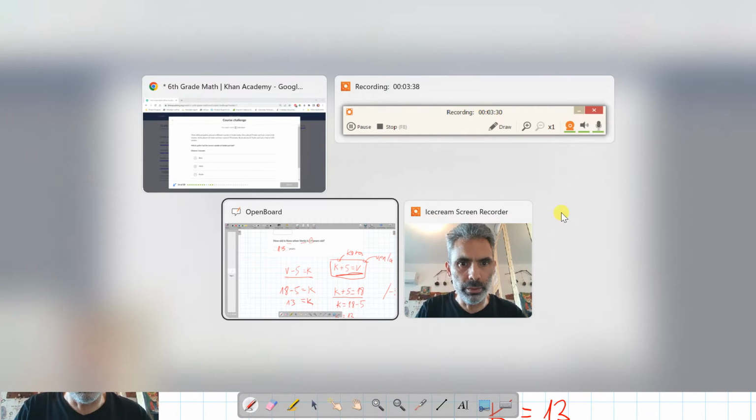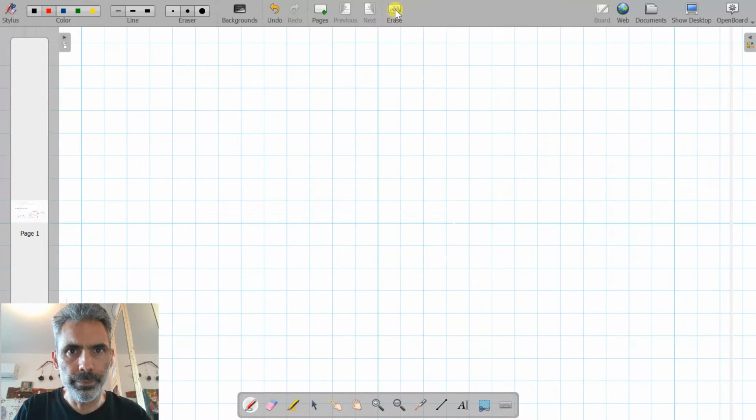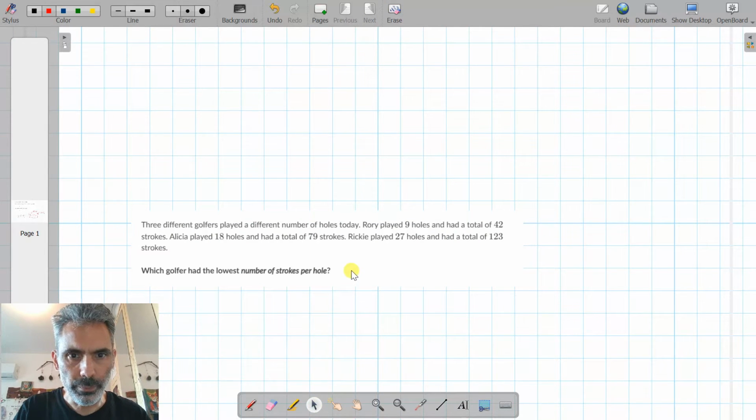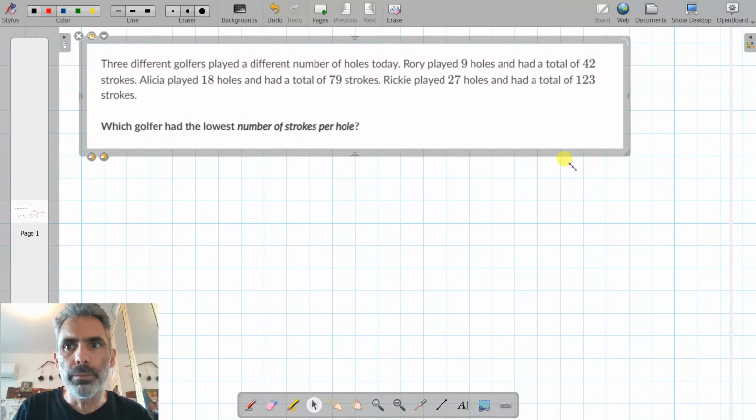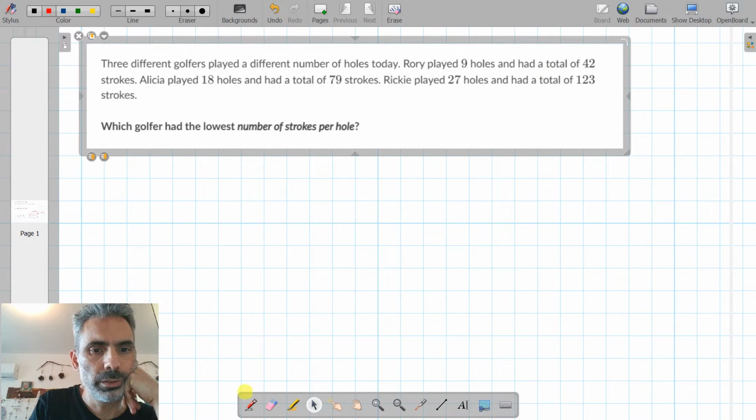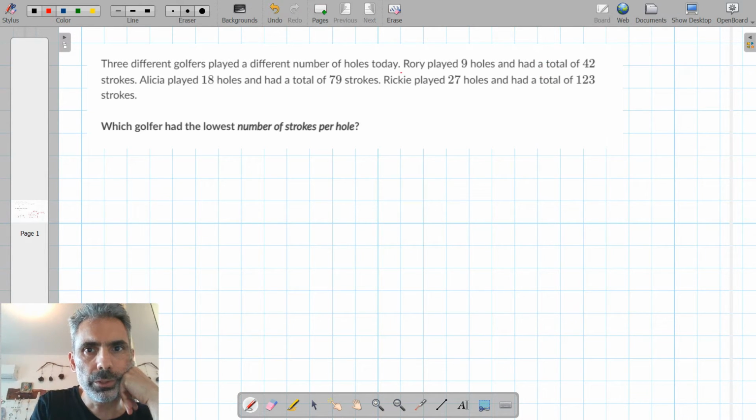Let me copy this to the board. Three different golfers played a different number of holes today. Rory played 9 holes and had a total of 42 strokes.